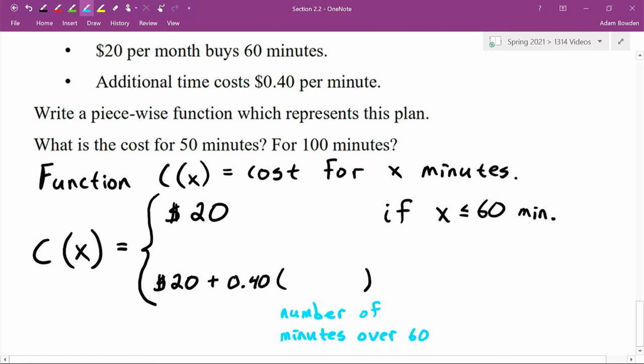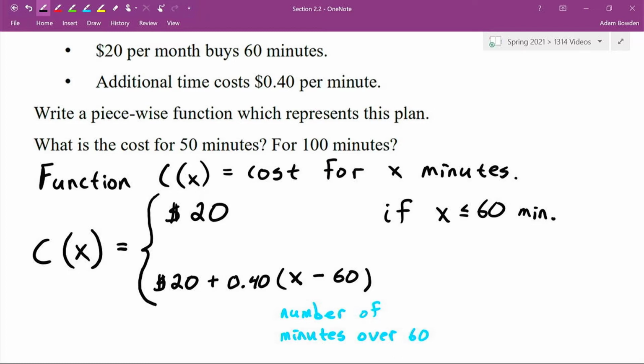So in these parentheses, I'm going to write something down for the number of minutes that's greater than 60. The way we do that is we take the number of minutes, which is x, and we subtract away 60 from that. Because let's say we used 85 minutes. 85 minutes minus 60 would be 25 minutes over.